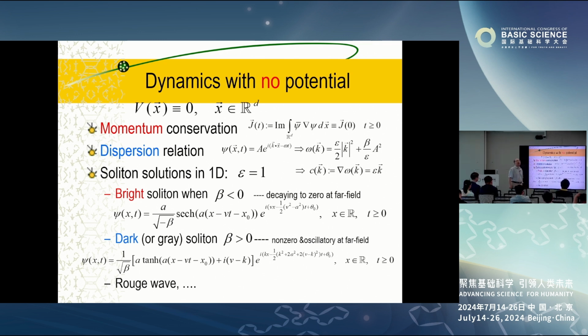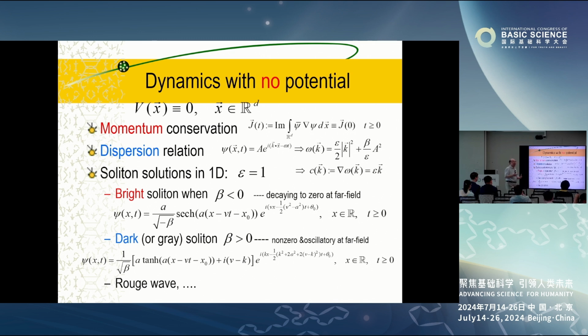It's called the dispersion relation. Then from this one you can take c of k, called the group velocity. c of k equals the gradient of omega of k, which equals epsilon times k. For any fixed epsilon, k is the spatial wave number and k can go to infinity. So you can say when k goes to infinity, c, the wave speed, is unbounded, which implies the Schrödinger type equation is non-relativistic.